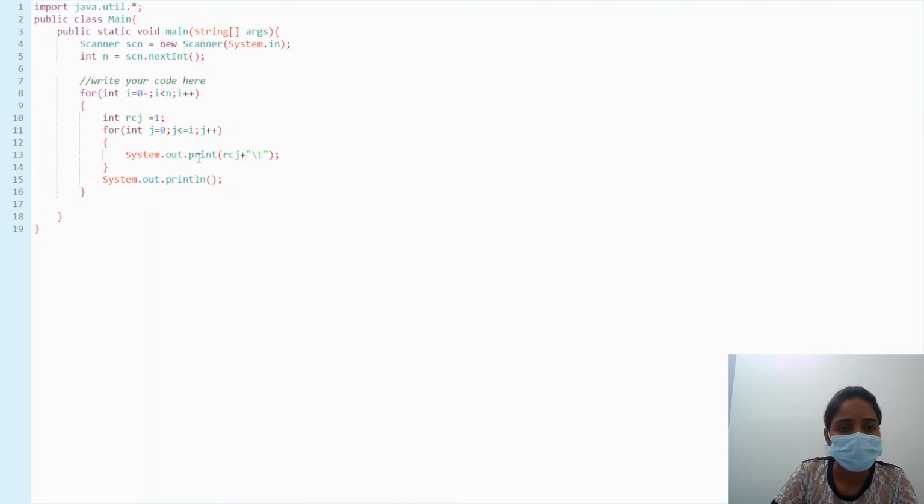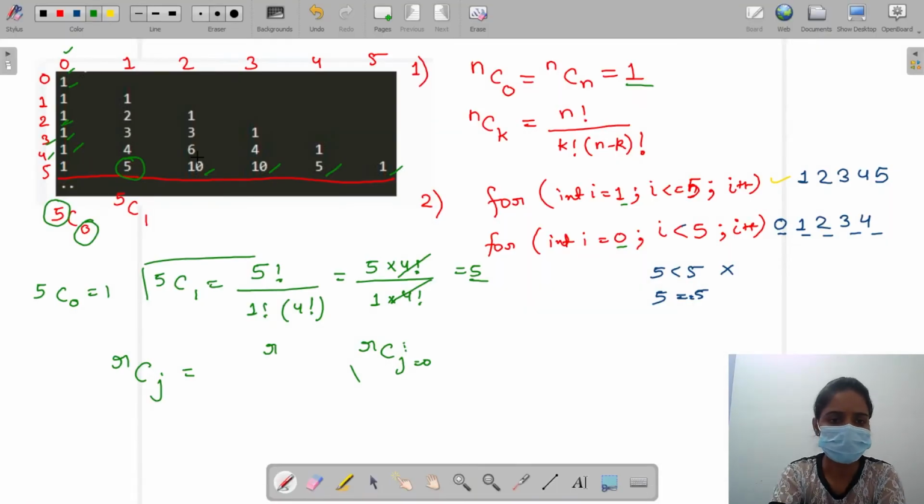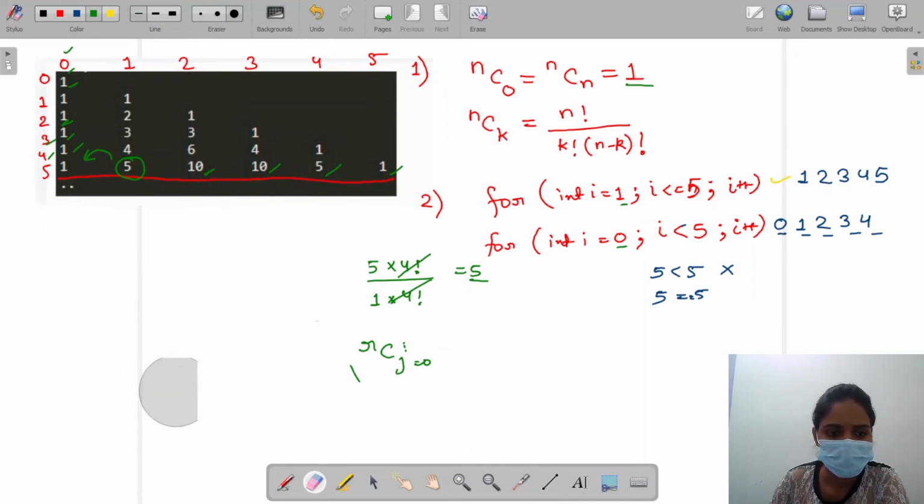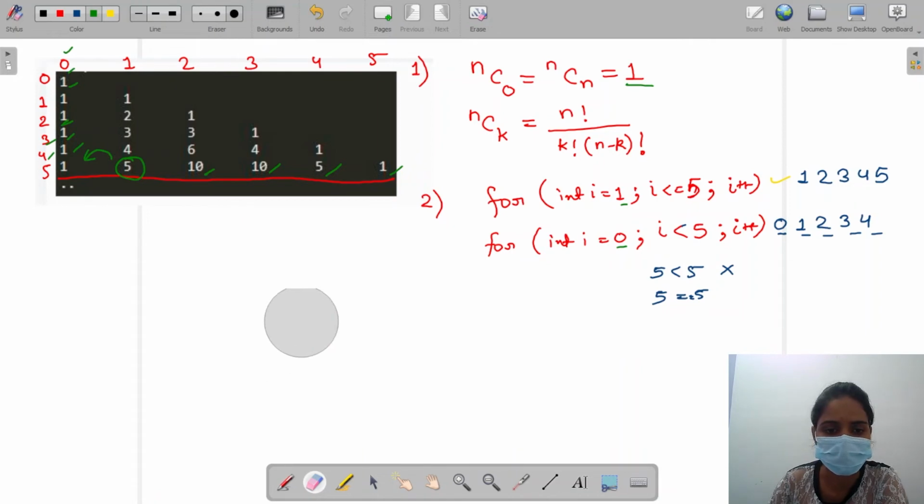Now I have to calculate our next value as well. What I'm saying is, in order to calculate this value, can I get this value 5 from my previous number? Yes, we can. There is another formula that I'm going to discuss with you. You just have faith that this formula is working. The formula is RCJ plus 1.